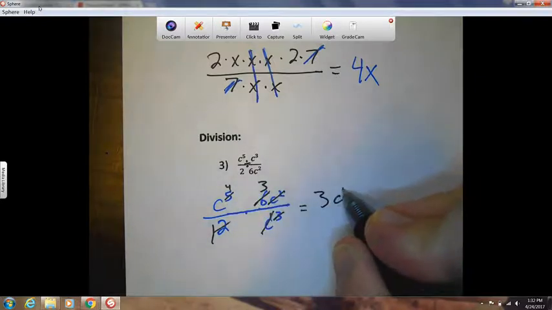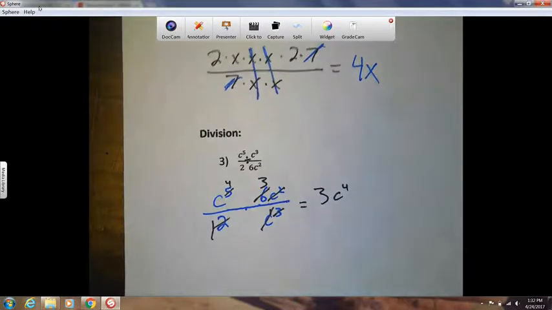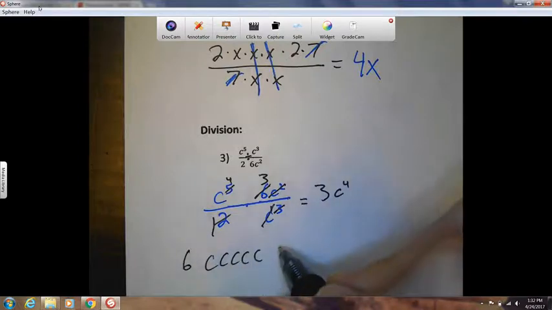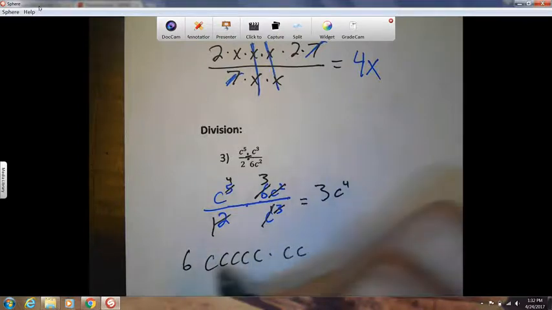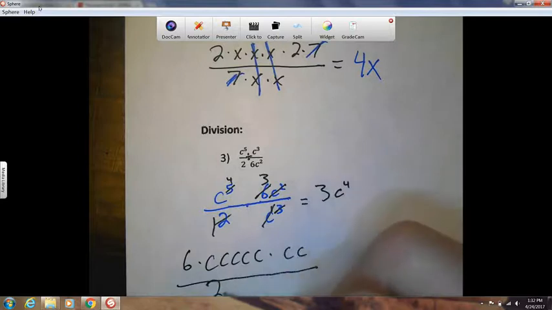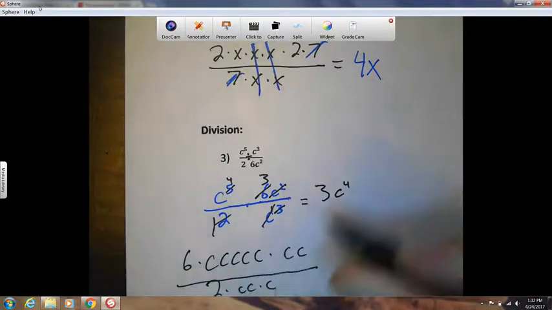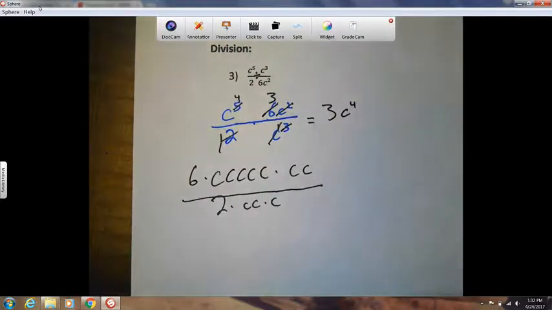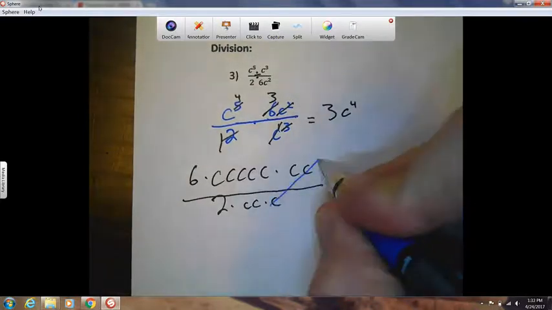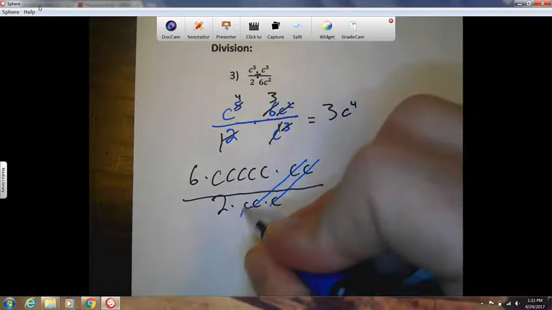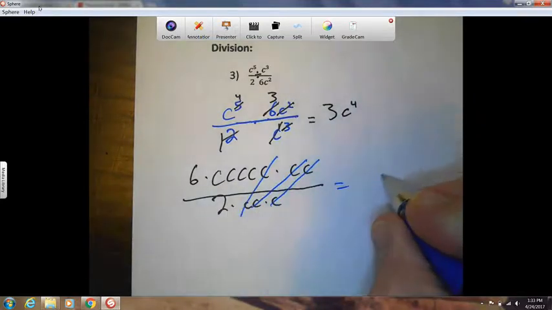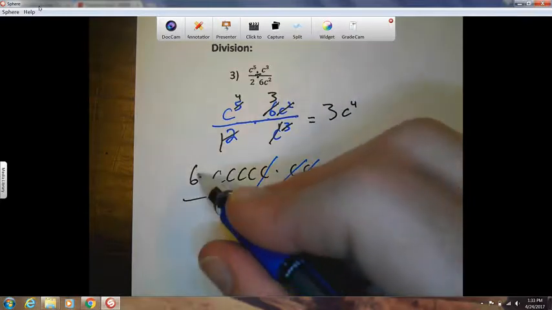If it helps you when you get to this step, factor everything out. Then just start reducing. So I'm left with c to the 4th. And then 6 over 2 is 3. 6 divided by 2 is 3.